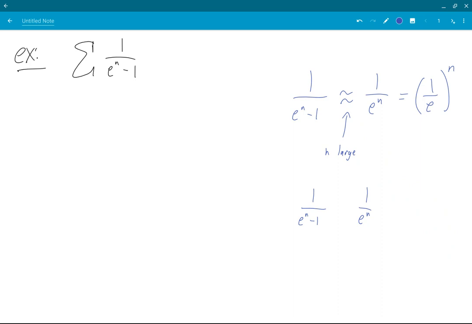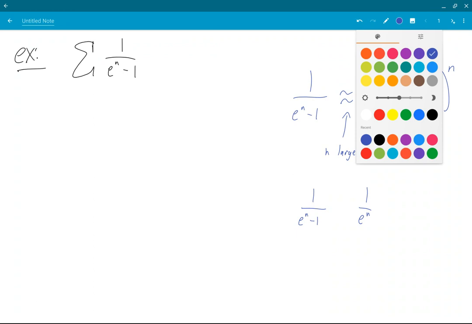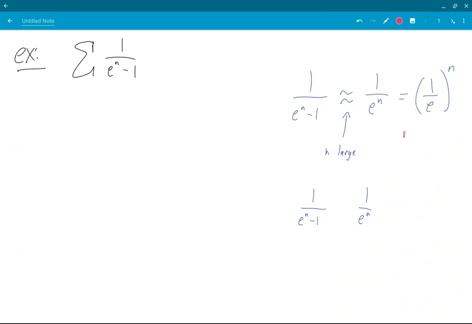Well, first of all, I'm going to say the summation of 1 over e to the n is convergent since r is equal to 1 over e, which is less than 1. So this guy is convergent.